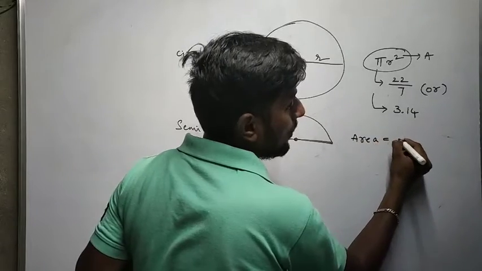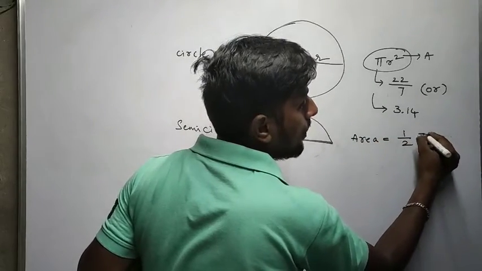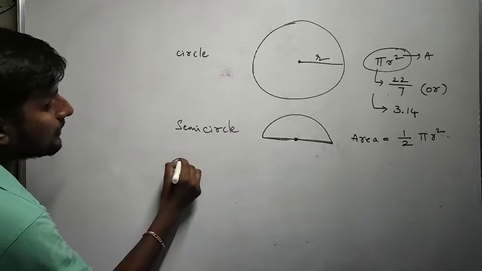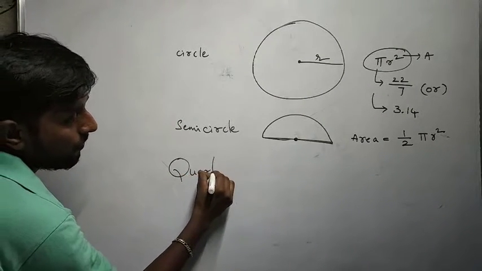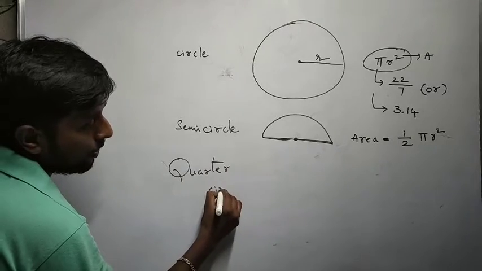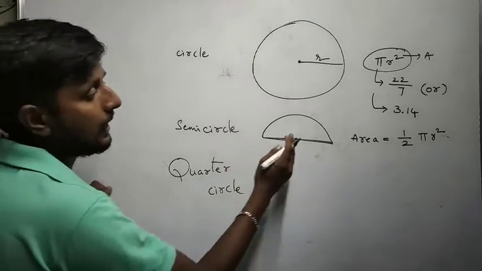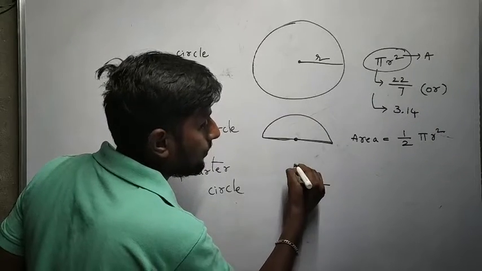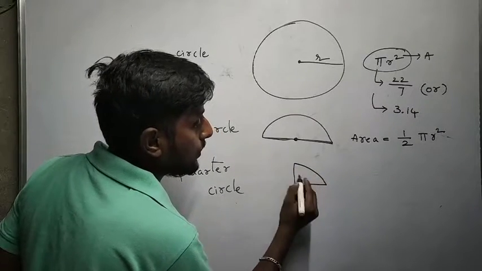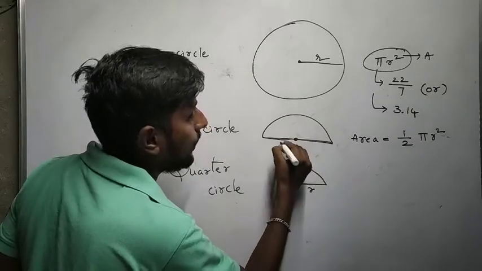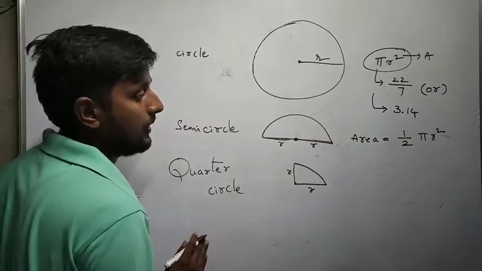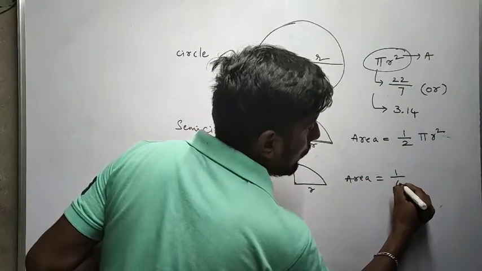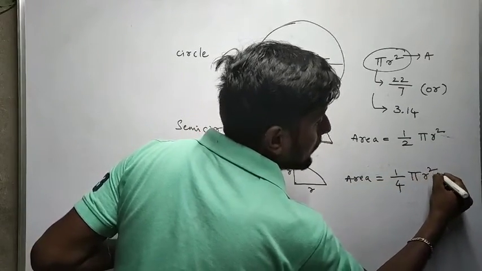So area is equal to 1/2 pi r square. Now quarter circle. Quarter in the sense 1/4. So again half in half. So simple. In the circle the radius will be equal. So here the area of a quarter circle is equal to 1/4 pi r square.